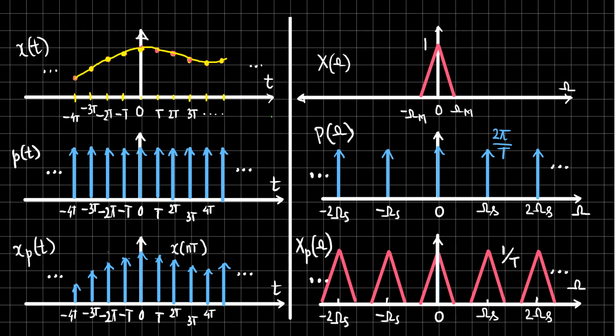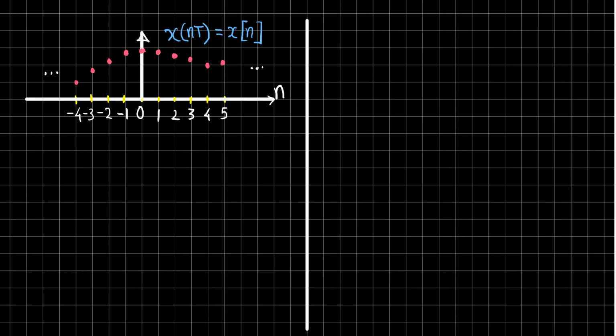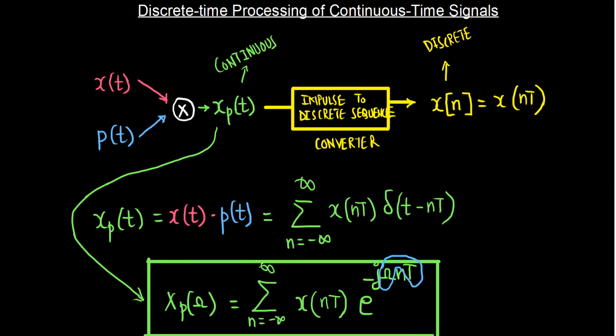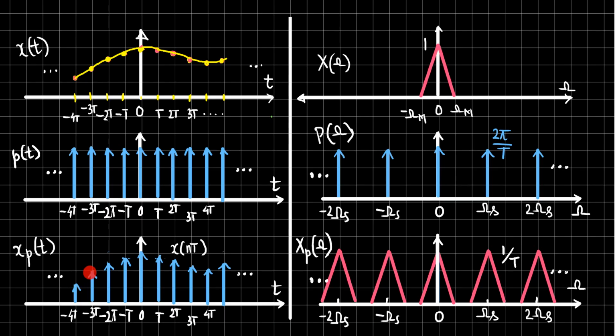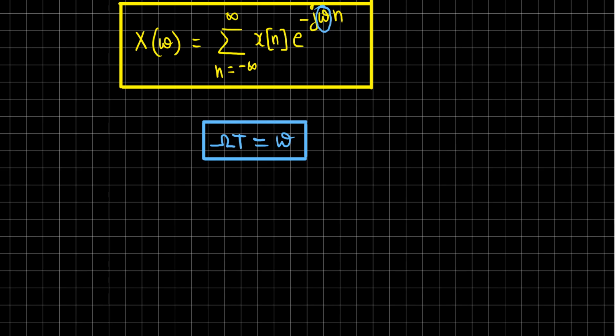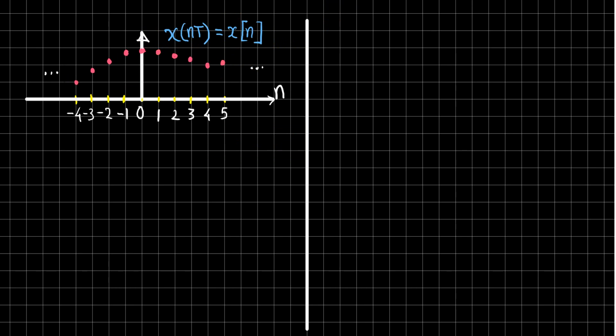That means these samples are obtained from the continuous time signal x of t. You can see that these impulses, that means the impulses of xp of t, if we retain only the amplitudes or the values of this signal at these locations, we would obtain this discrete time signal, that is x of n.